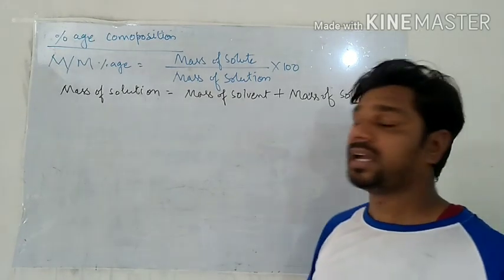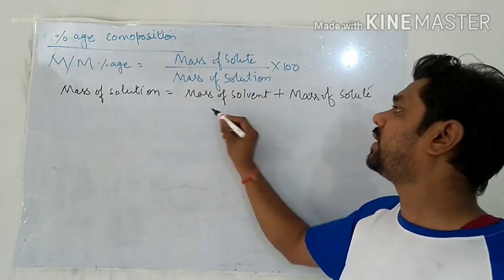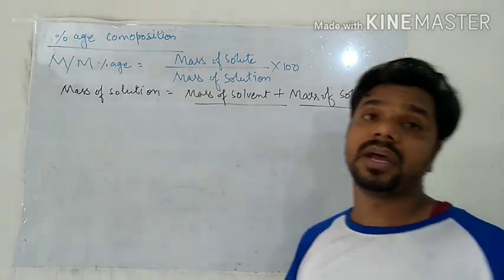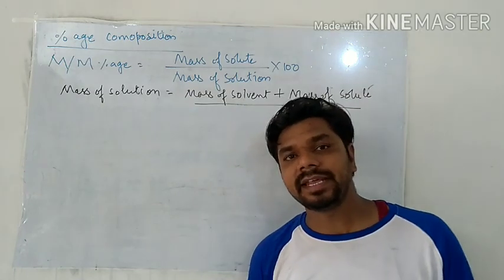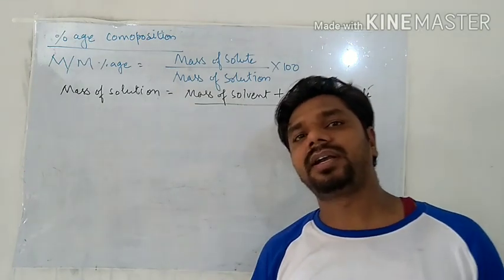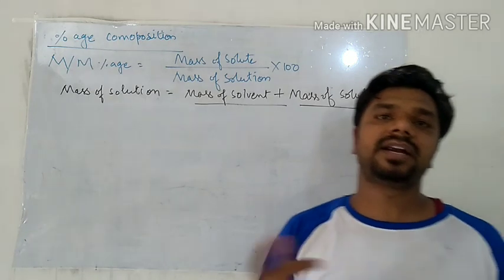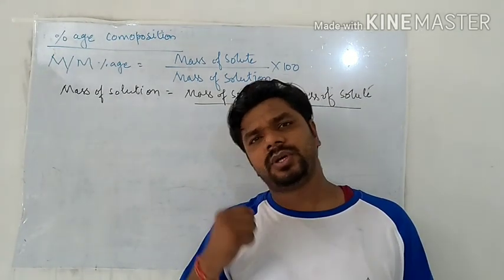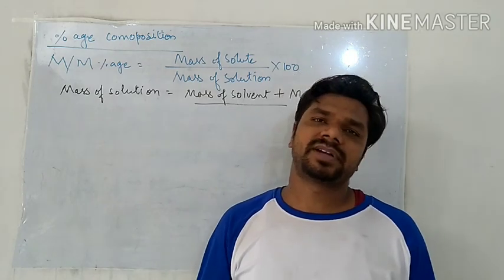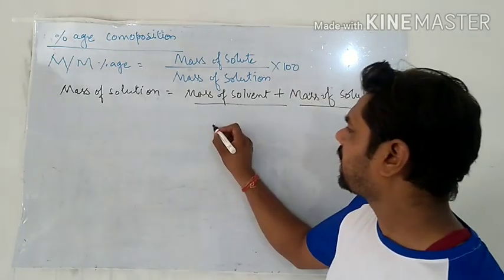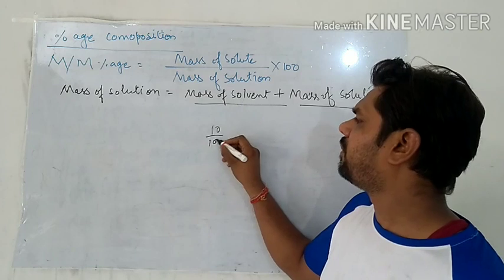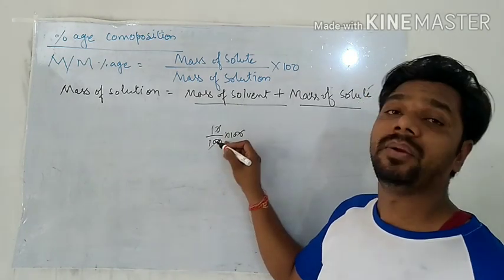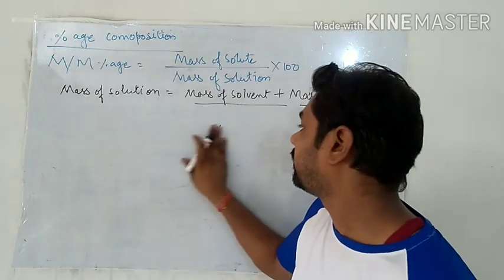Okay. This mass of solution is a special thing to understand: mass of solvent plus mass of solute. Suppose I simply say that I dissolved 10 grams of sugar in 100 grams of water, and ask what the percentage of this solution is. You will simply answer 10%, because 10 grams is sugar and 100 grams of water, multiply by 100, answer is 10. No, the answer is not 10.